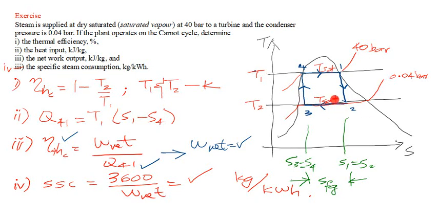Again, 2-3 is always isothermal, a reversible isothermal compression, and 3-4 is isentropic in the compressor, which represents the reversible adiabatic compression.